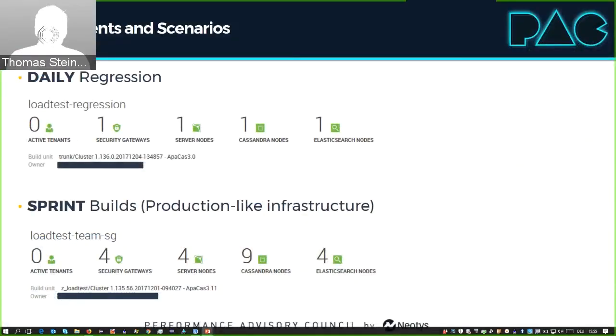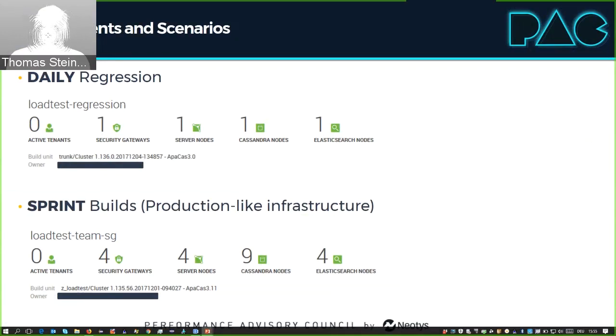Okay, we have a few scenarios here, 2 of them, both for the SaaS offering. We have a daily regression. The daily regression is a small cluster, not distributed among components, really to detect things on a daily basis with Git master builds. And we have a second one where we are testing sprint builds.